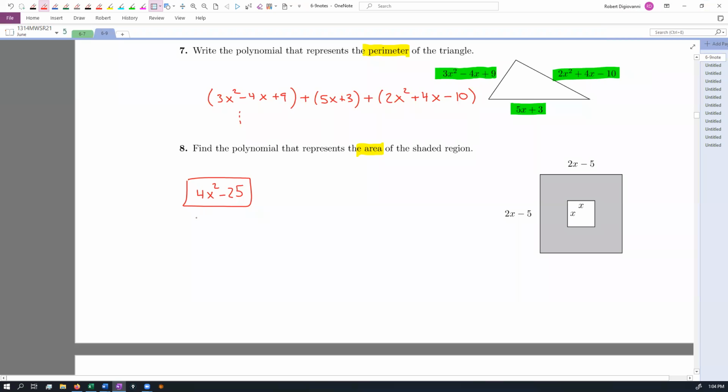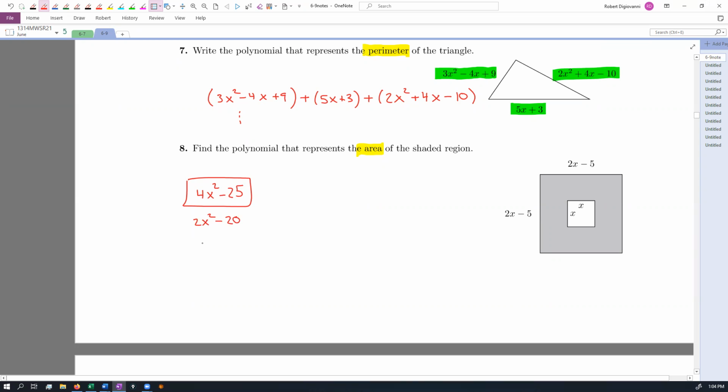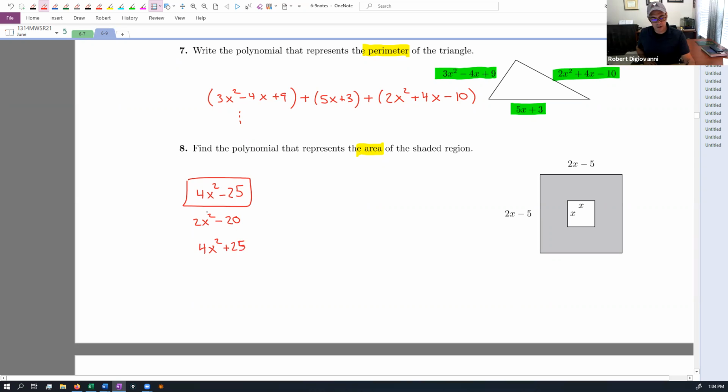Wait, what did you get, Dina? 2x squared minus 20 plus 25. I got 4x squared plus 25. Okay, Dina, it was 2x squared minus 20 plus 25. Did I write that right? Yes. Okay, all right.